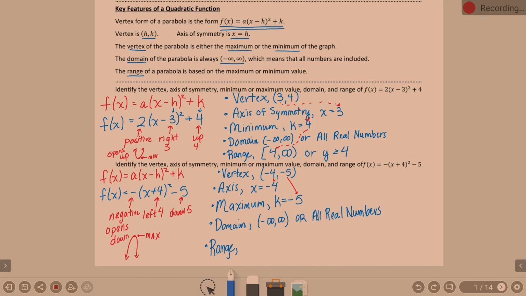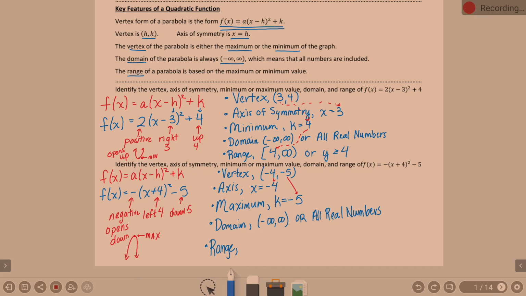Range. Now think carefully here. Range, we're starting where? We're starting down. So hold on. We're going to start down. And then we're going to go however high we go here, right? Keep in mind that what's my parabola doing? It's upside down, yeah? Do you want to give it a try, Danielle? Yep. So this parabola, it's upside down.